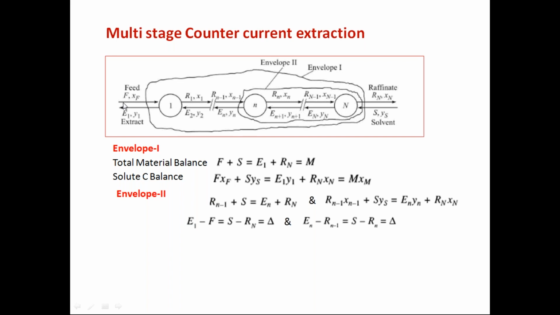For example, if you have the initial concentration which is to be treated, and the final concentration which is to be left over in the raffinate, if you know these two things, then you are able to find out from the material balance E1, Y1, and also the number of stages required for the removal of that. So that can be found out.